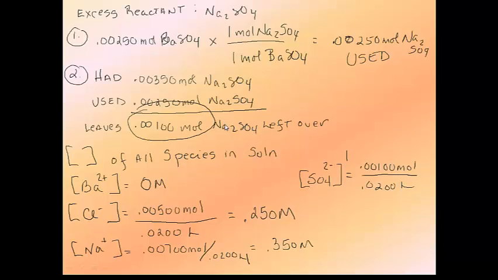I'm not focusing on the sodium because it is a spectator ion. It was not used to form the precipitate, so I'm not taking that into consideration for this one. I am just focusing on the sulfate, and that gives me 0.0500 molar.